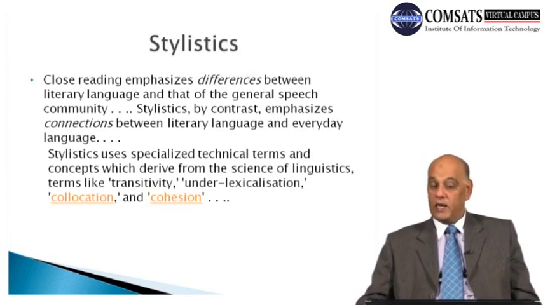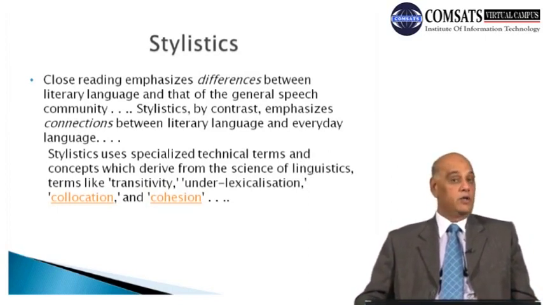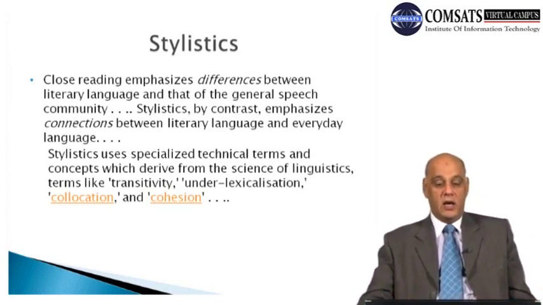So stylistics uses specialized technical terms and concepts which derive from the science of linguistics, terms like transitivity or under-lexicalisation. So you have collocation and cohesion. You have some specialized terms which you can find in stylistics.